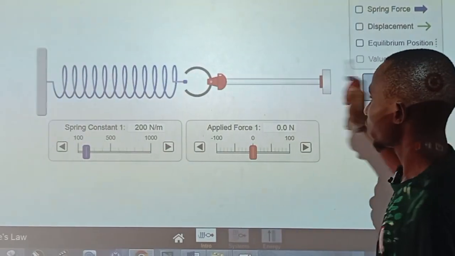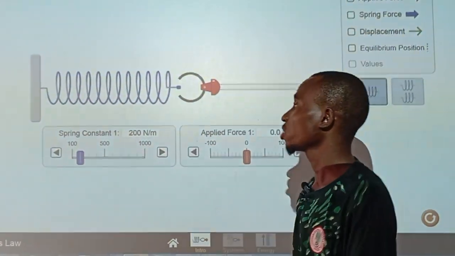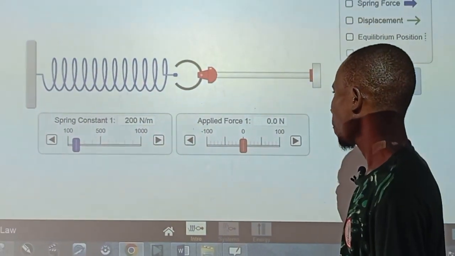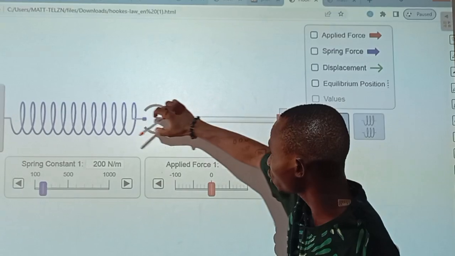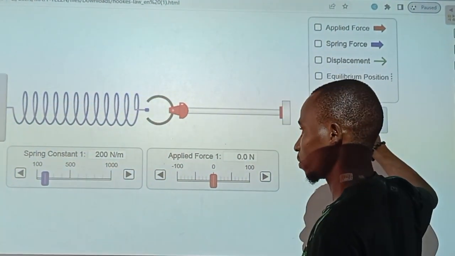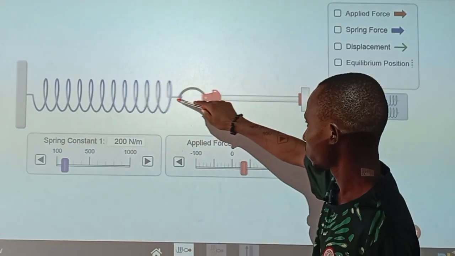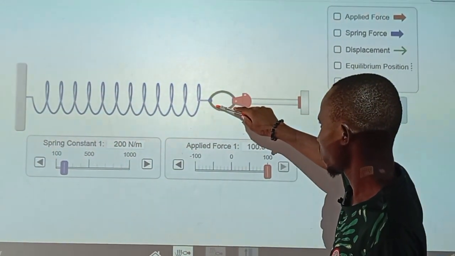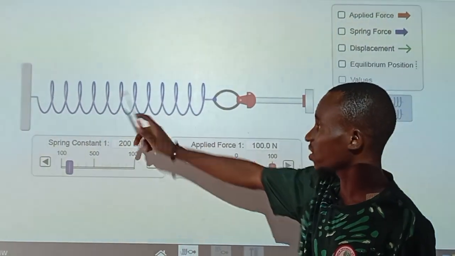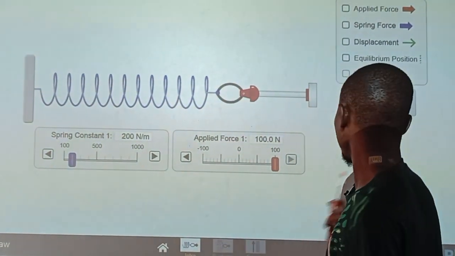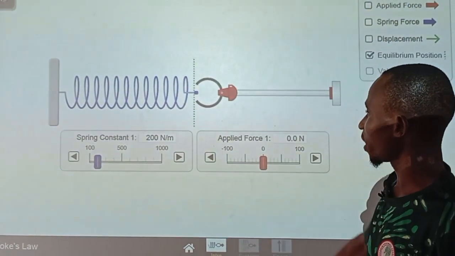Okay, this is an elastic material. This is the spring I talked about. Now if I apply a force, that is, if I stretch it in this direction, let's see what will happen. See, an increase in force causes an increase in extension. Where was the extension before? Let's see. This is the original length.